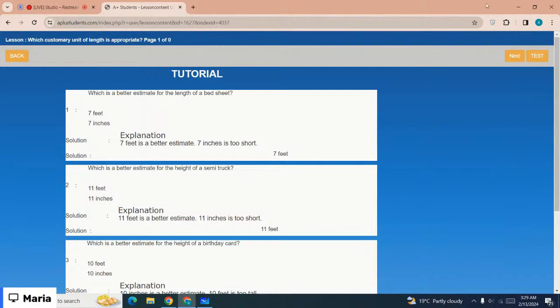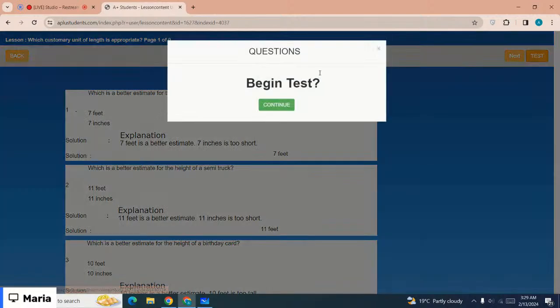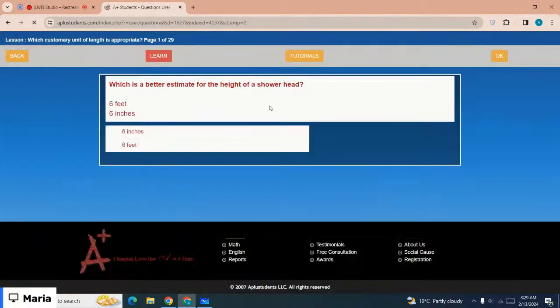Let's just start with the test questions. Which is the better estimate for the height of a shower head? 6 feet or 6 inches.